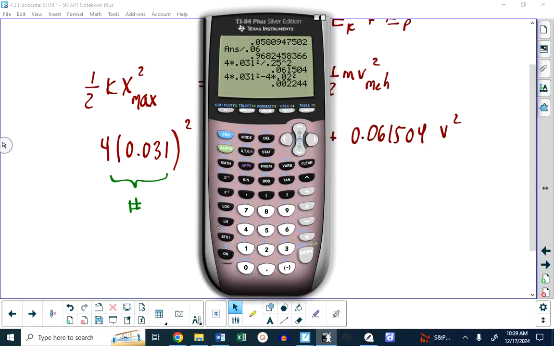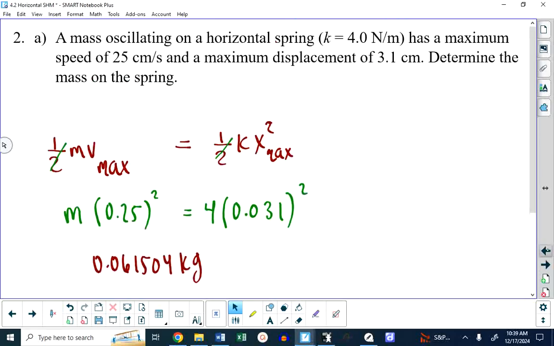Now we have to divide by the mass and take the square root, and before I hit equals, the maximum speed, everybody, was 25 centimeters per second.